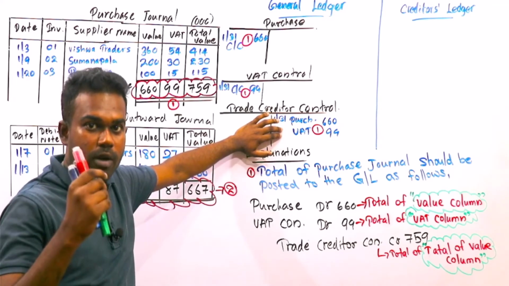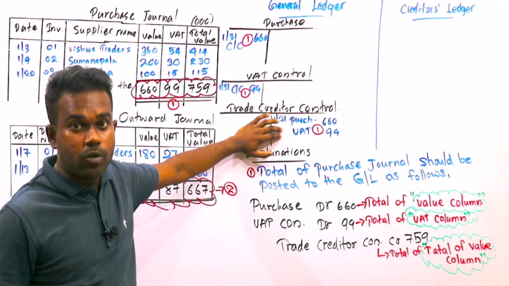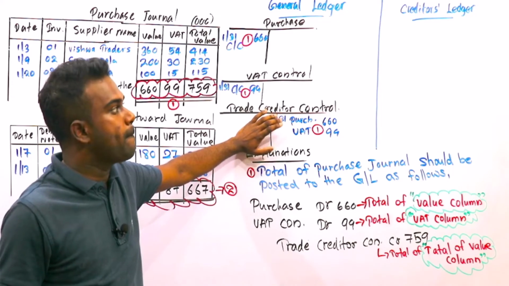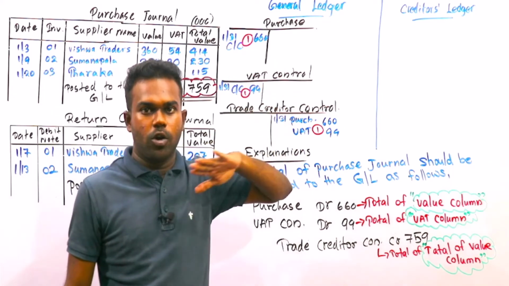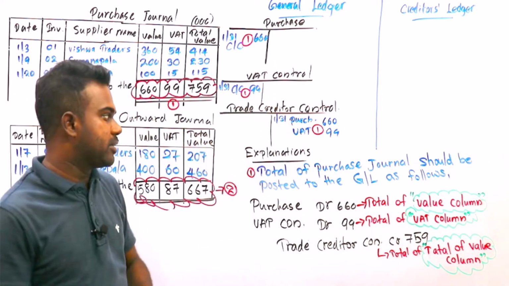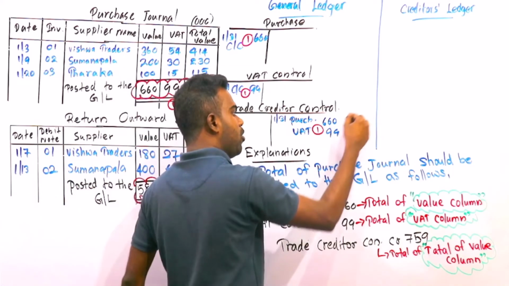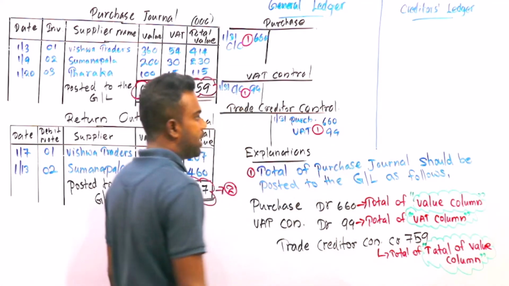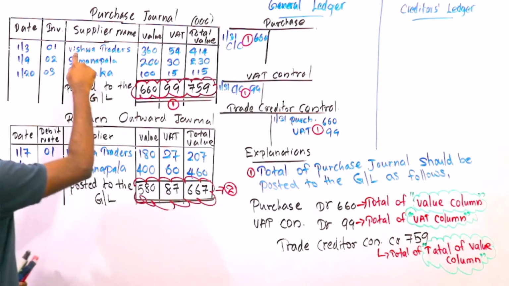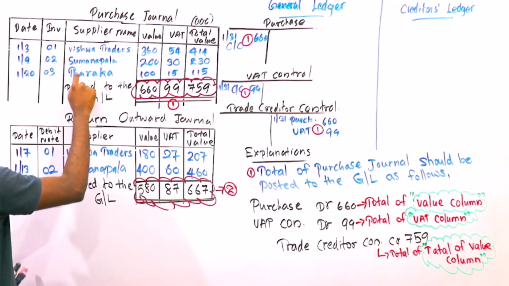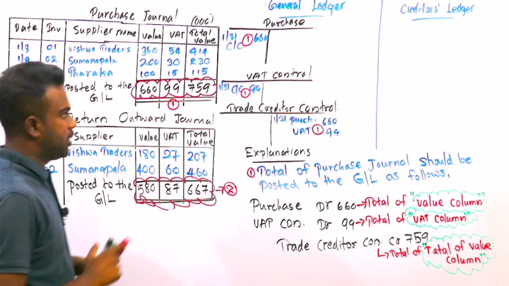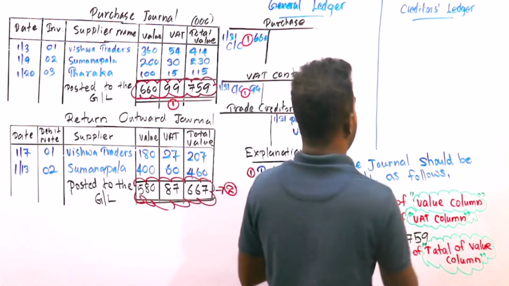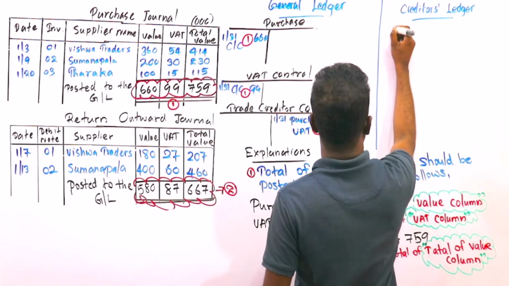Now what do we have to do? We have to record separately in private accounts. No double entries, only single entries, right? This purchase amount we have to record separately, individual wise. Look, there are 3 individual suppliers, Vishwa, Sumanapala and Tharaka. In the creditor control account you have to record those, prepare those accounts.